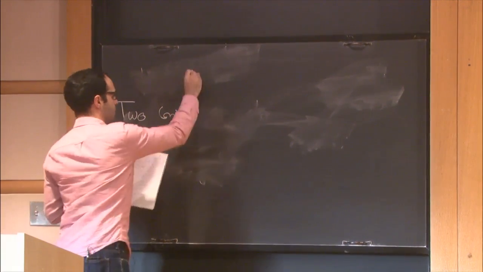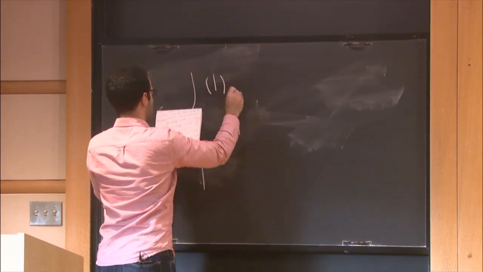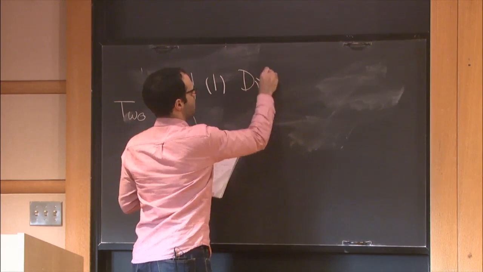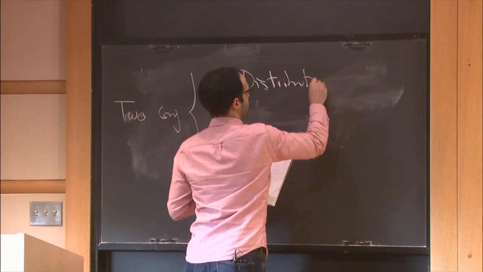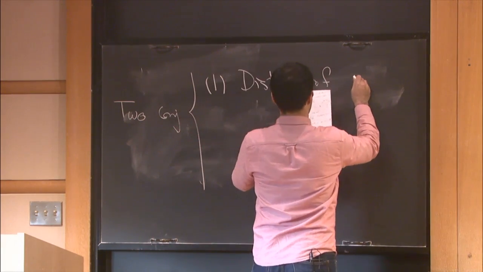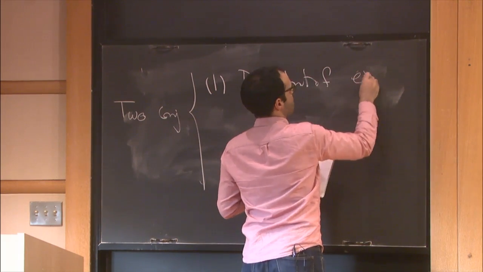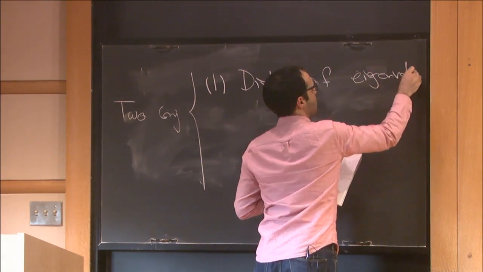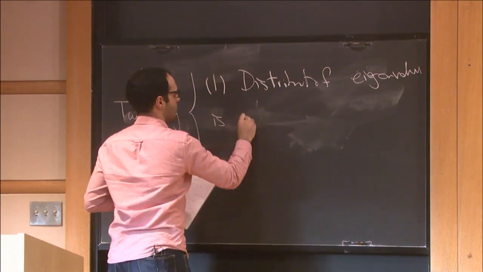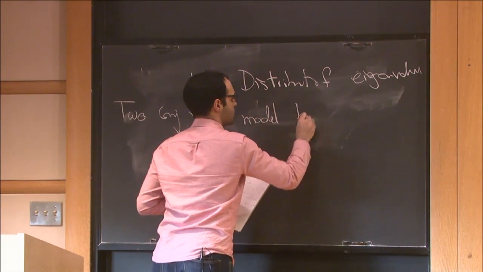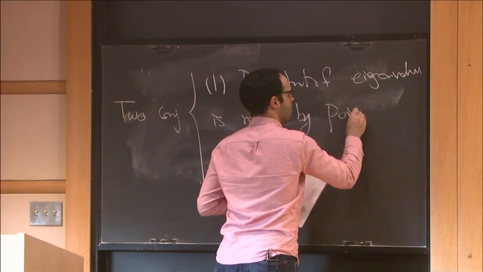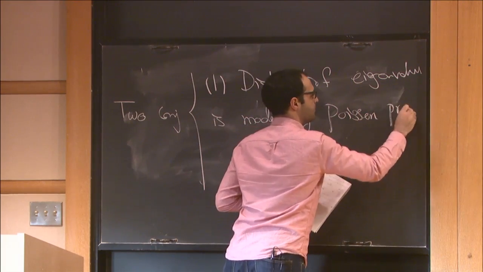The first one is that the distribution of eigenvalues is modeled by a Poisson process.